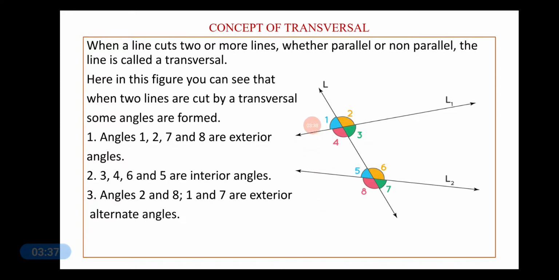So angle 1, 2, 7 and 8 are exterior angles. Then what do we call these four angles which are formed inside the figure? That is 3, 4, 5 and 6. All these four angles, since they are formed inside the figure, they are known as interior angles.